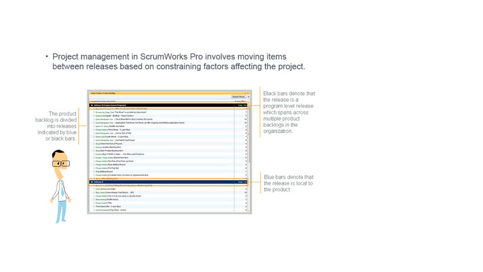The product backlog in ScrumWorks Pro is divided into releases indicated by blue bars. Any work under a release is assigned to that release.